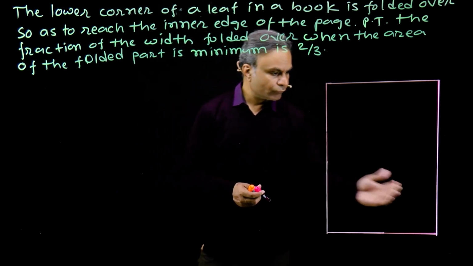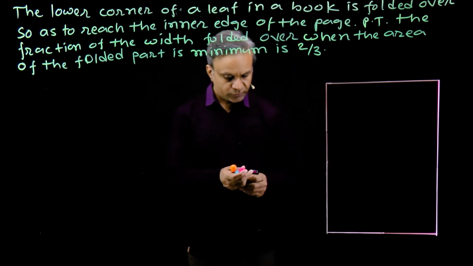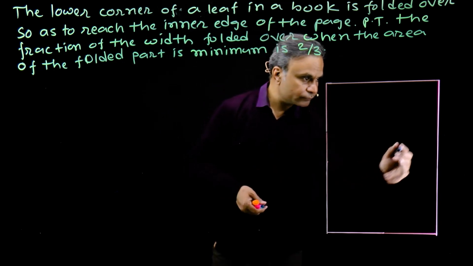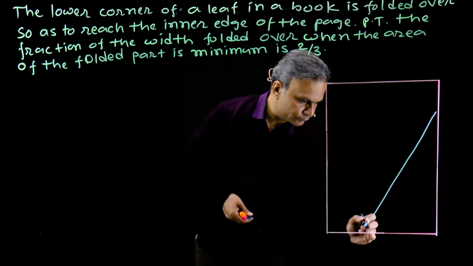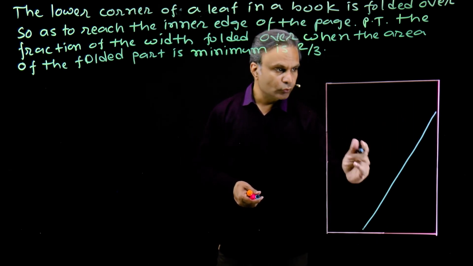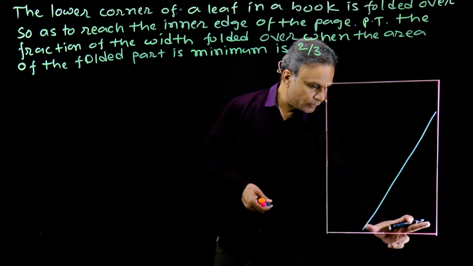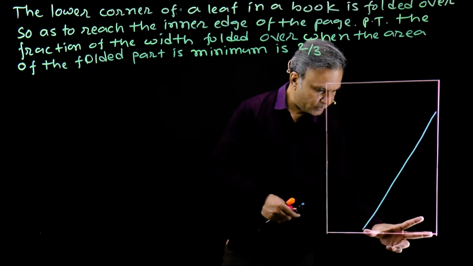Now we are folding this so that this corner reaches the inner edge, okay. So suppose it is folded like this. Okay, this is the crease of the fold. Okay, this corner reaches here. Okay, let me check this.